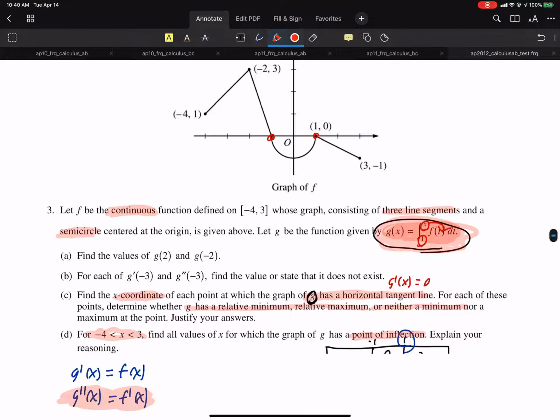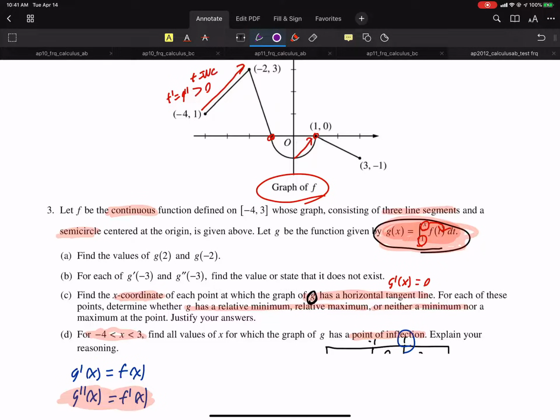How do we get the sign of f prime of x? How do you know if the derivative of f is positive or negative? That's a simple justification. If f is increasing, f prime is positive. So in this region here and in this region here, f is increasing, so f prime, which is G double prime, is positive.